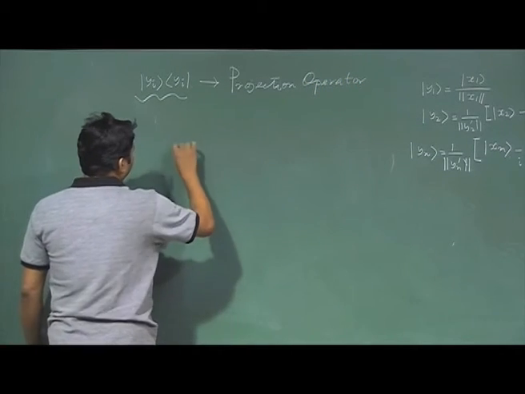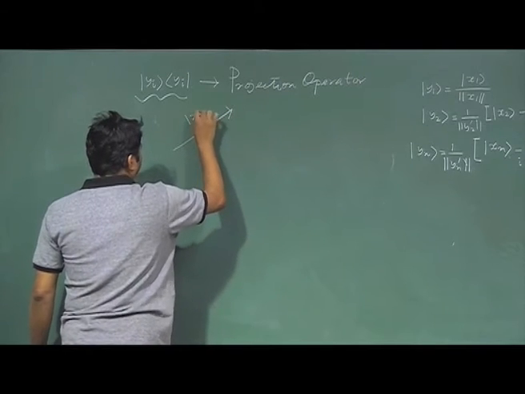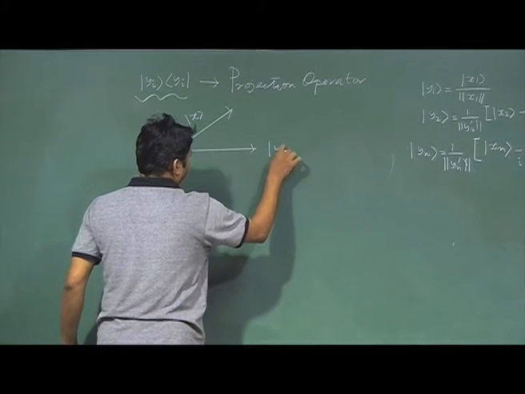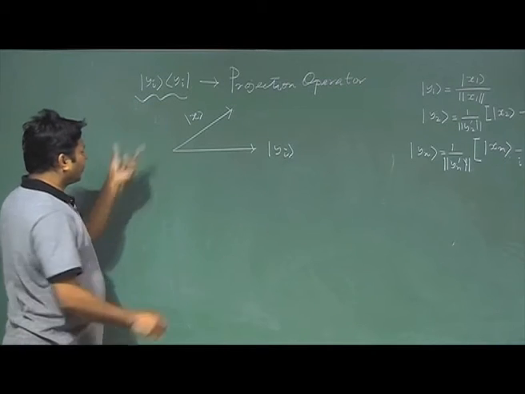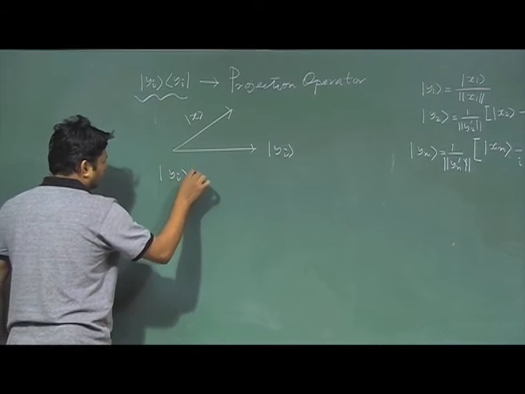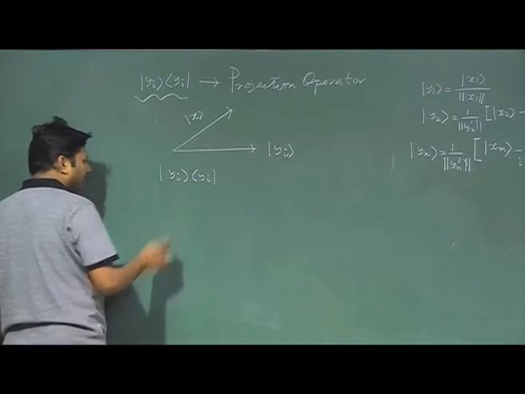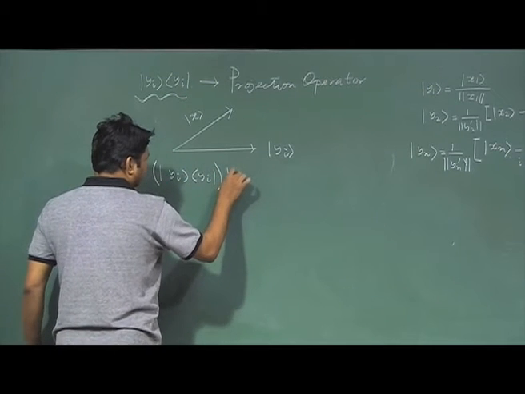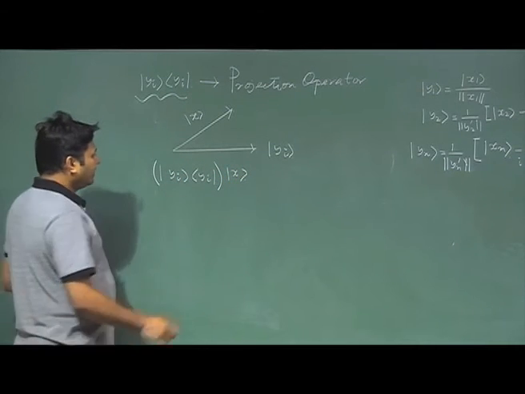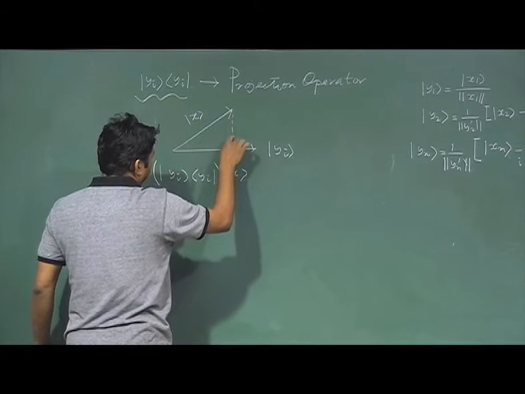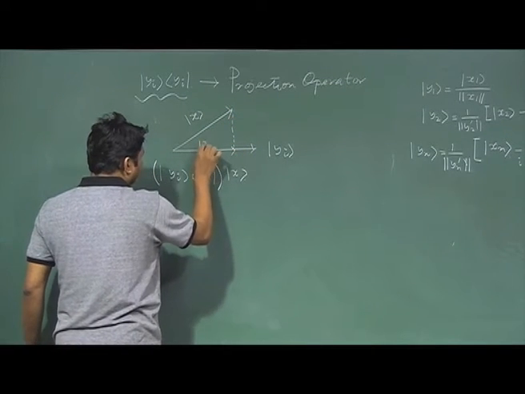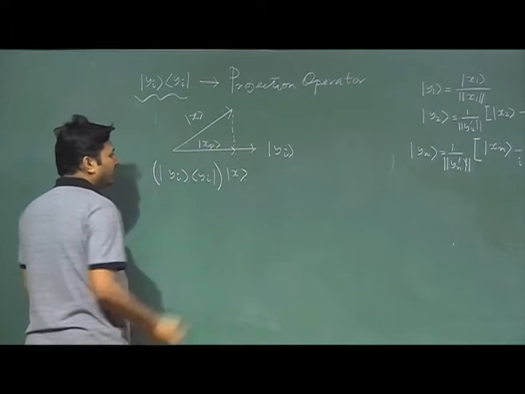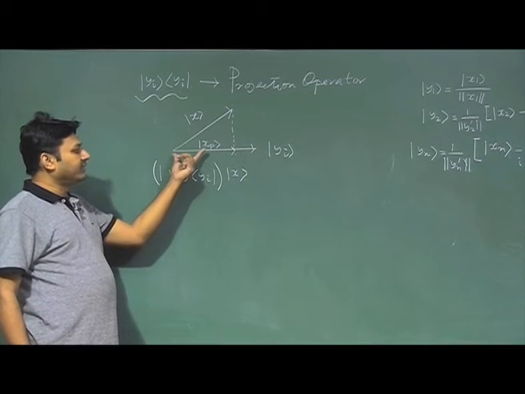If a vector is given, and this is the direction of say yi, and I operate this quantity, which now behaves like an operator, over this given vector x, it essentially means that I am taking the projection. Say I write this as a new vector xp, which is the projection of the vector x.